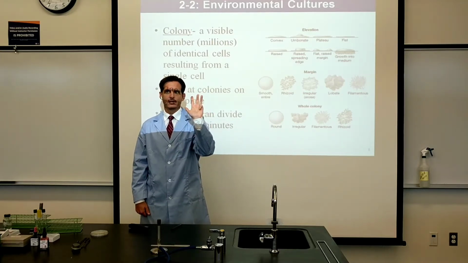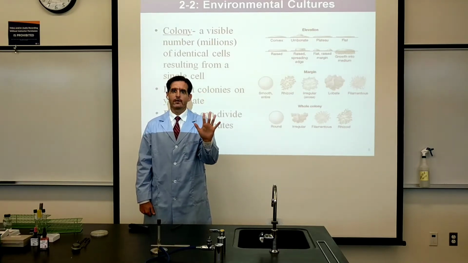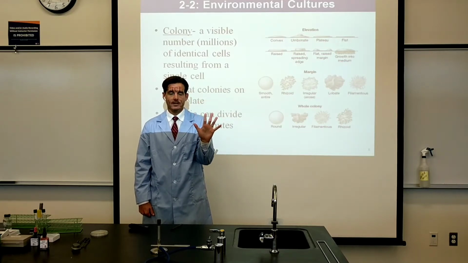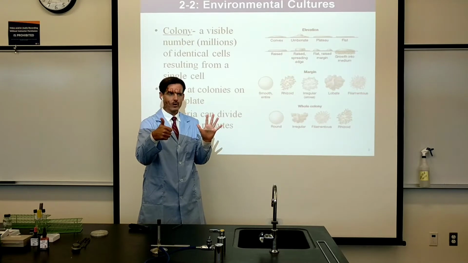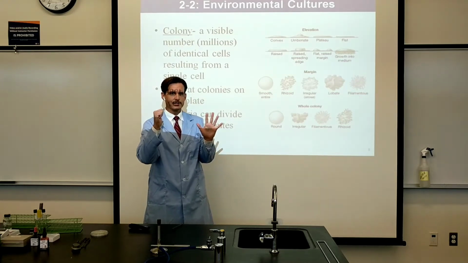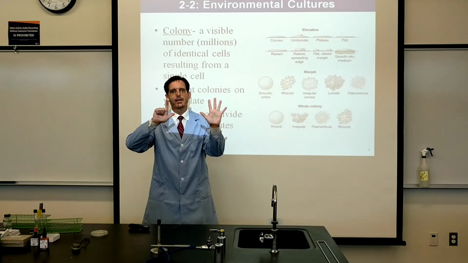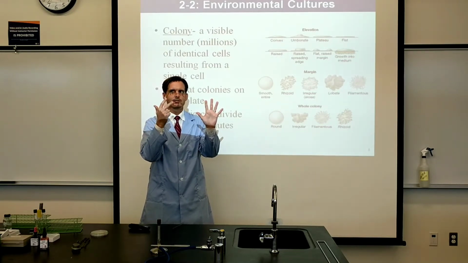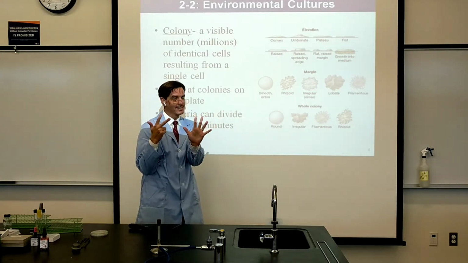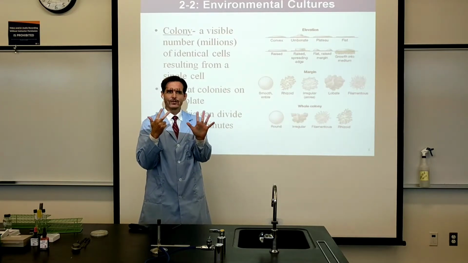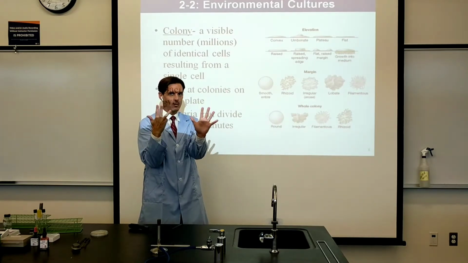And then the 5th generation, we now have 32 bacteria. And then 32 doubles to 64, and then 64 doubles to 128, and then 128 doubles to 256, and then 256 doubles to 512.